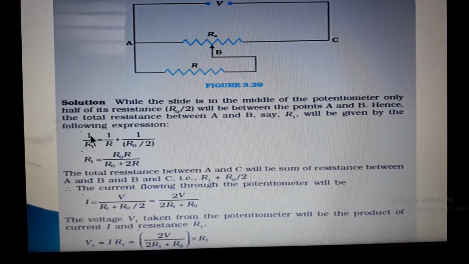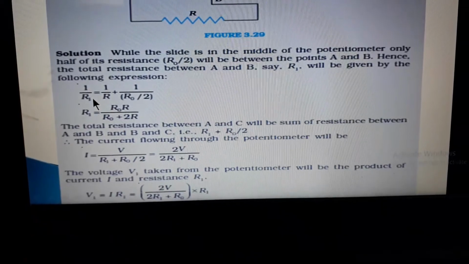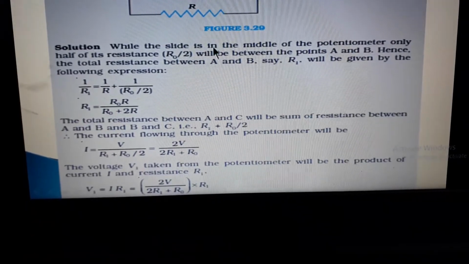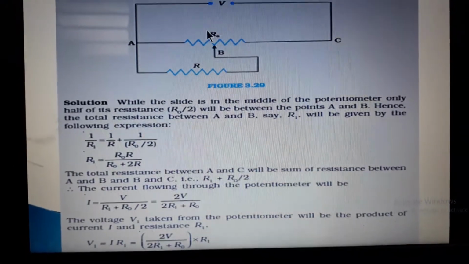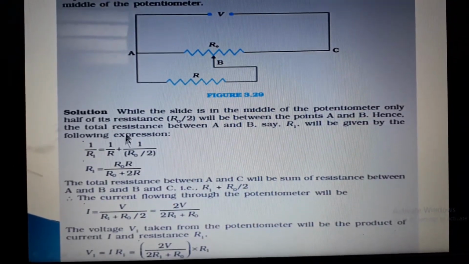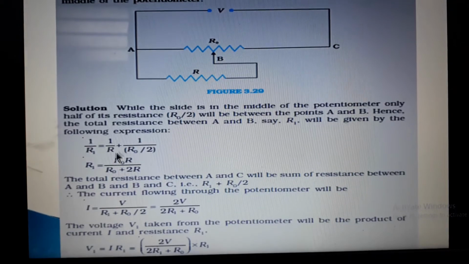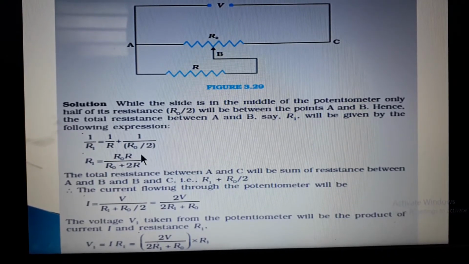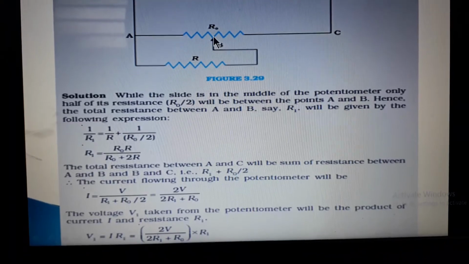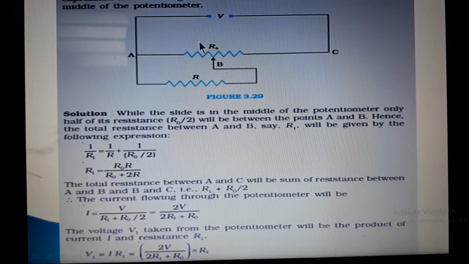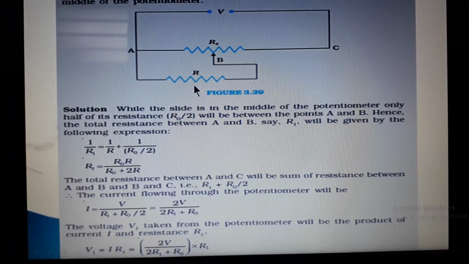So 1 by R1 is equal to 1 by R plus 1 by (R0 by 2), because this one is R0 by 2. Now solve this. You will get R1 is equal to R0 into R divided by (R0 plus 2R). This is the equivalent resistance when R0 by 2 is connected in parallel with R.